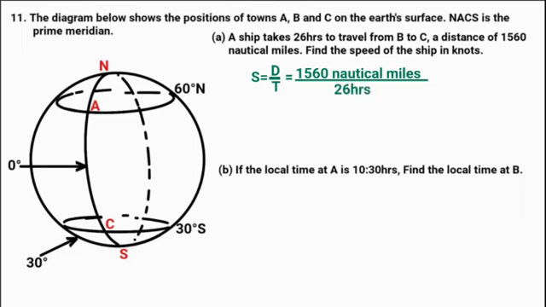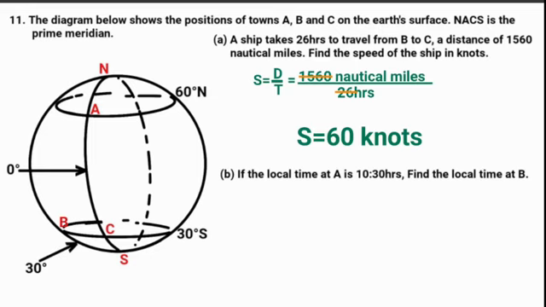Then 26 hours divided by 26 will be 1, and when we divide 1,560 by 26, it will give us 60. Now this 60 should be 60 knots. So this is the speed of the ship. It moved at 60 knots.